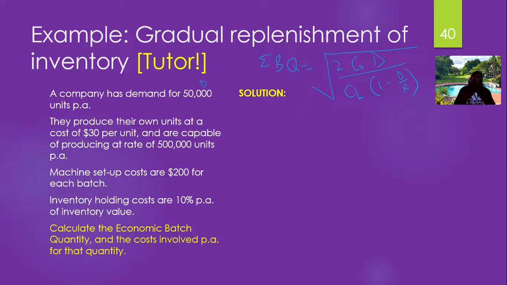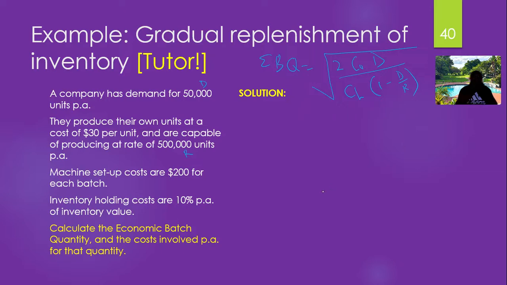That figure is important when we want to determine the cost of holding one unit, which is usually linked to the cost of producing the unit. They are capable of producing at the rate of 500,000 units per annum. This is our R.